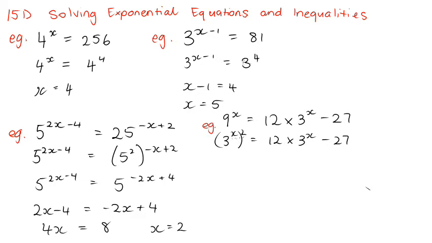Now, we're going to let 3 to the x equal y. And now we have y squared equals 12 times y minus 27.